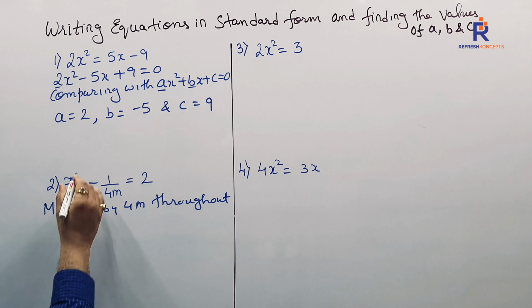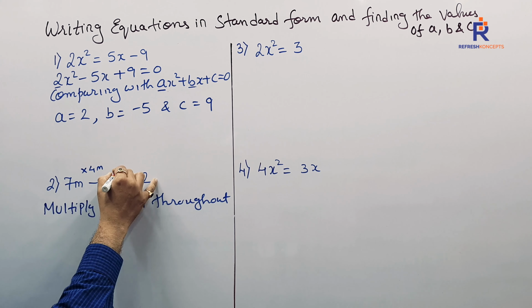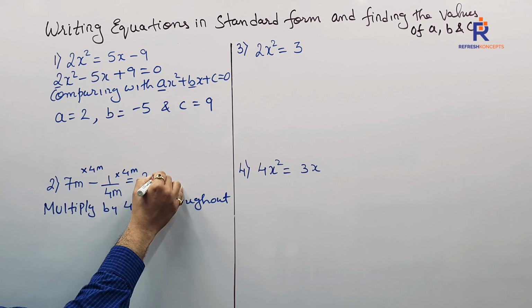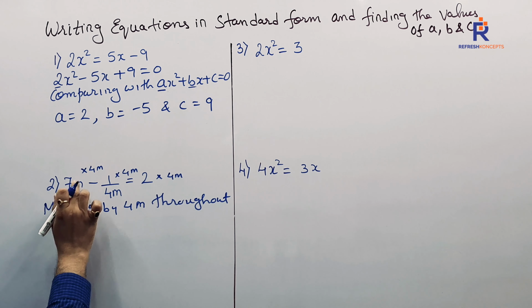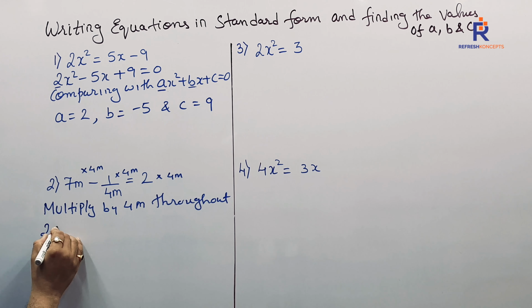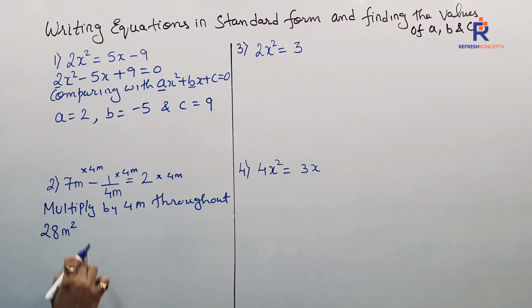When I multiply this by 4m into 4m, it's only for your reference, mind you. You need not do all these things in your exams. 7m into 4m, 28m square.